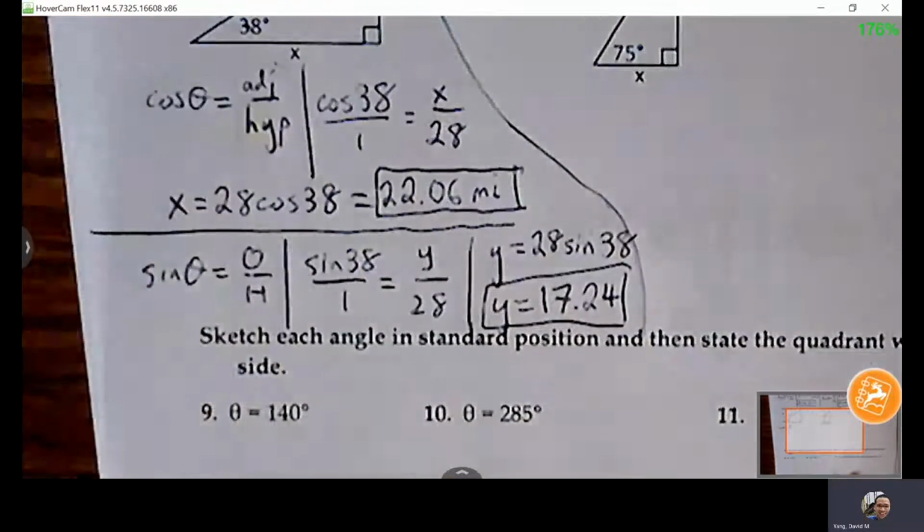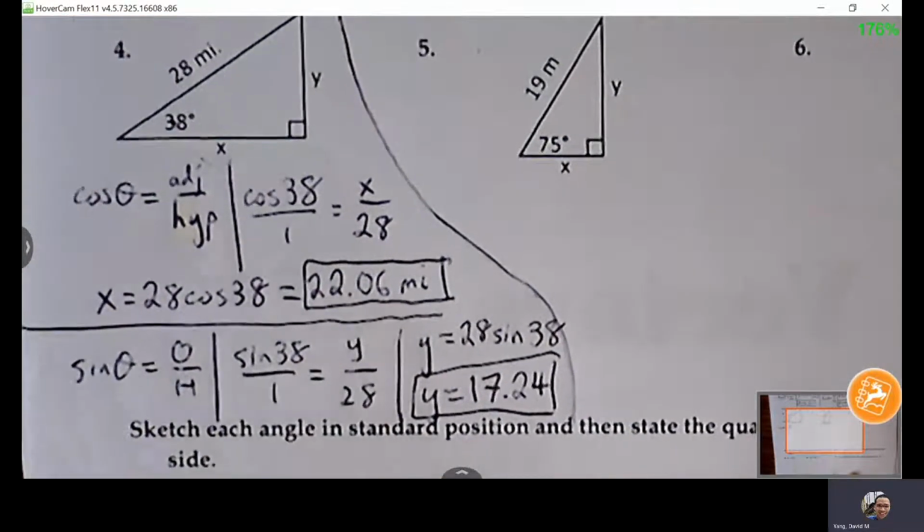All right, any questions with 4? All right, practice 5 and 6, and I'll work through the problems the same time that you guys work through them.